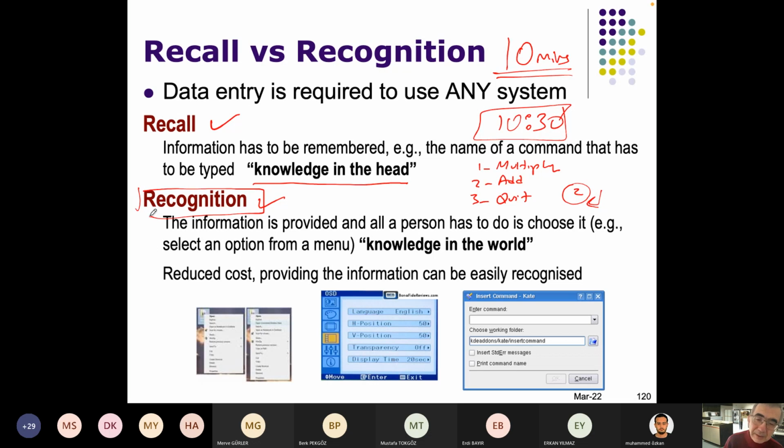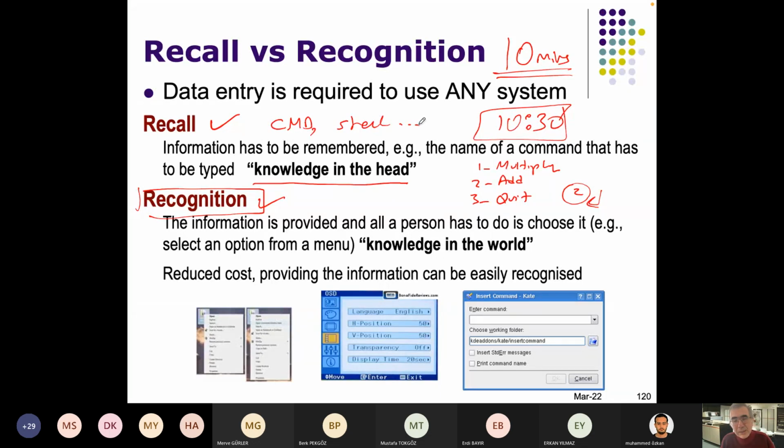So recall-based interfaces are like the command prompt, like the shell, and other things that require memorization. It doesn't have to be a text-based window. It can be a touch panel too, or window-based, but it may require you to memorize certain things. That means recall-based interfaces.